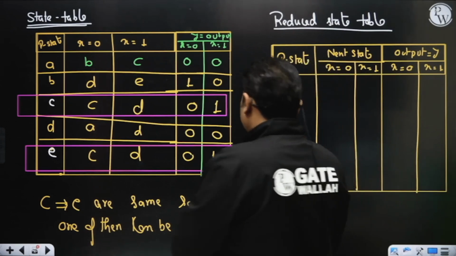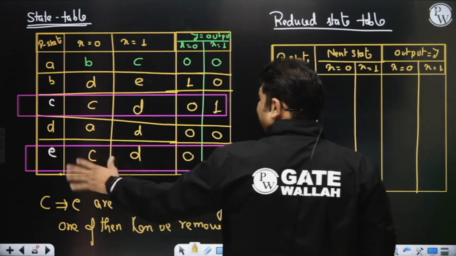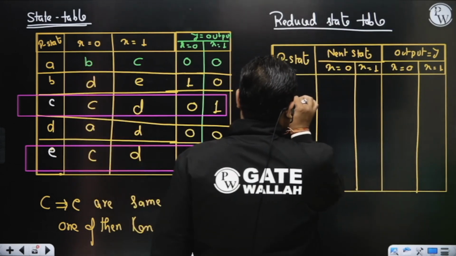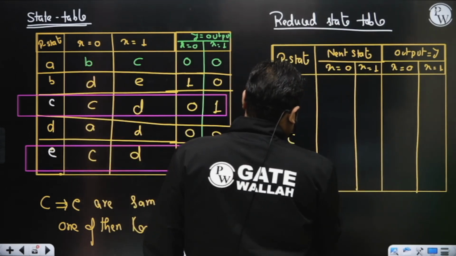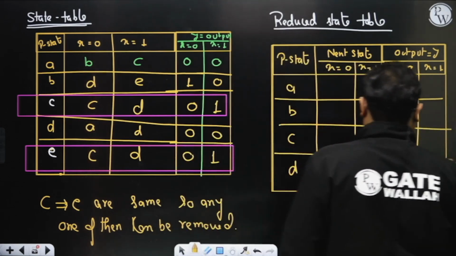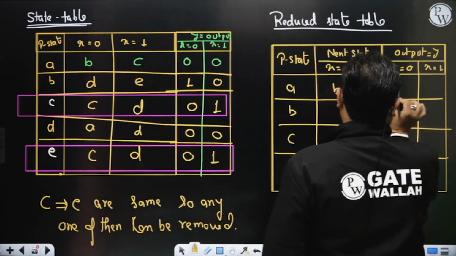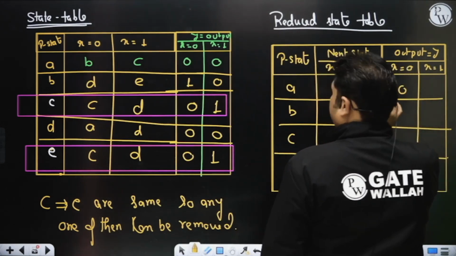So now please observe here. I am replacing E by C. So we have A, B, C, D only. If we have A, then for x equals 0, B, 0, and C, 0.